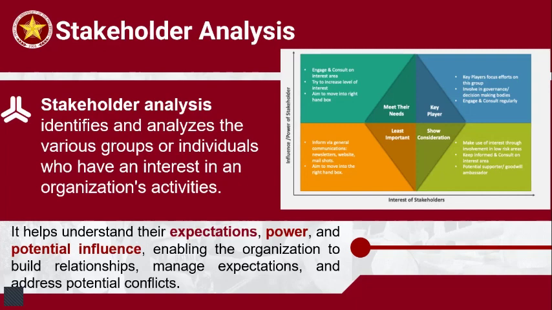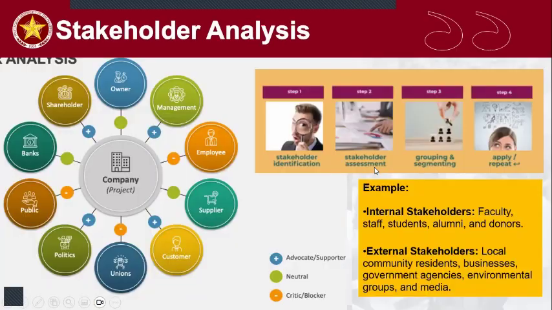So here, in stakeholder analysis, we categorize various groups or individuals based on their interest to be involved in the organization. It helps us understand the expectation, power, and potential influence, enabling the organization to build relationships, manage expectations, and address potential conflicts.